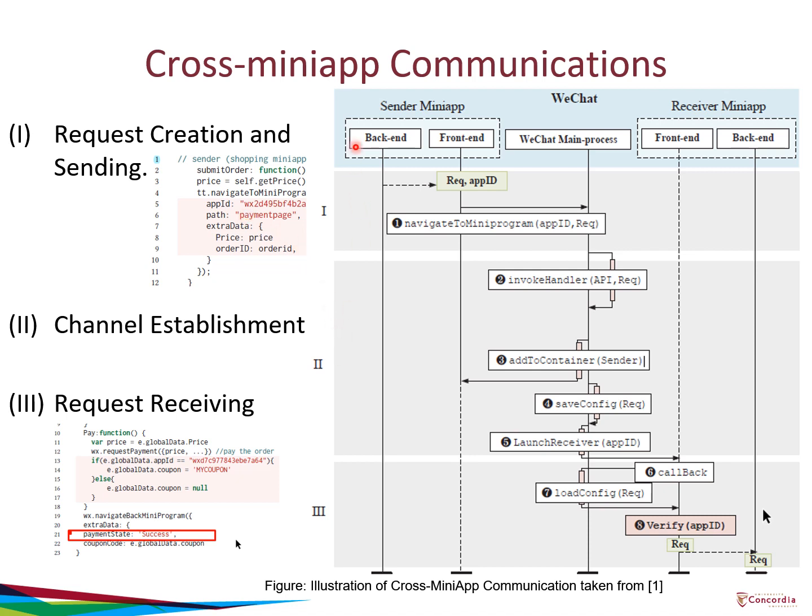In the first image, we have three subjects, which are the sender Miniapp, the receiver Miniapp, and the host app, and overall they are the super app. We have the backend and the front end of the sender and the receiver, and each of the steps related to the communication that we're going to explain right now.